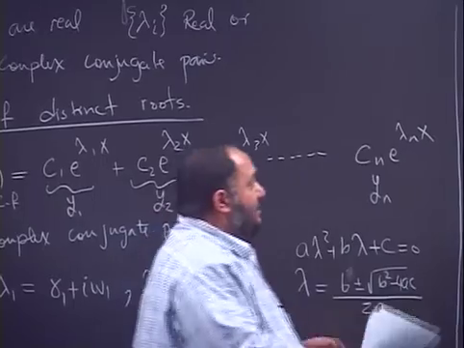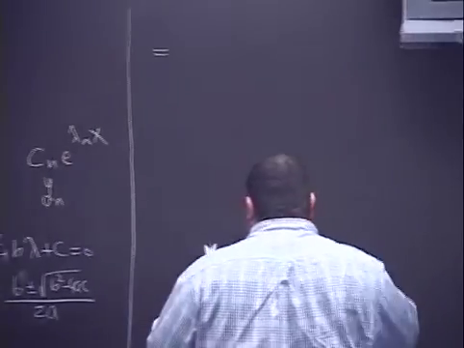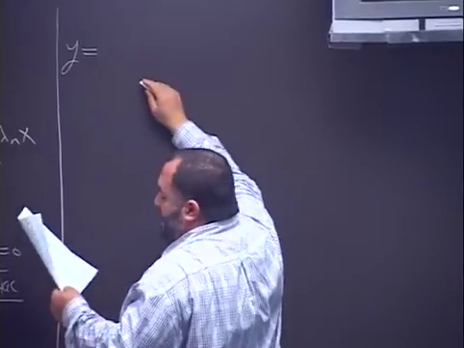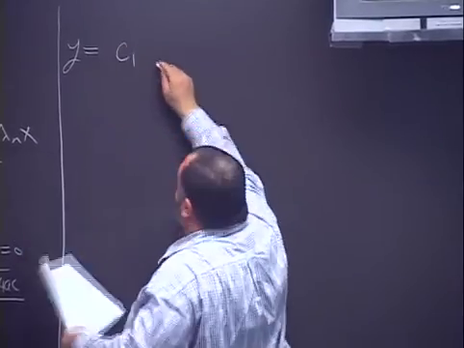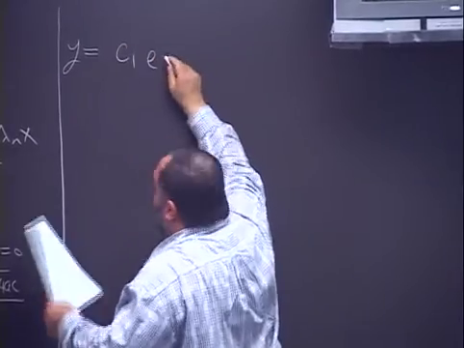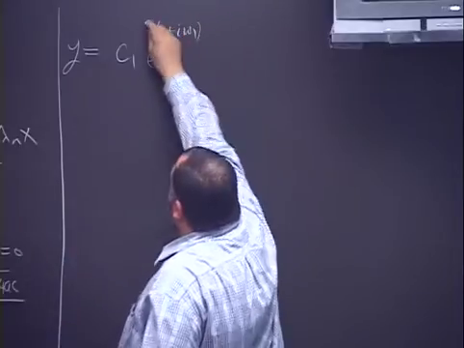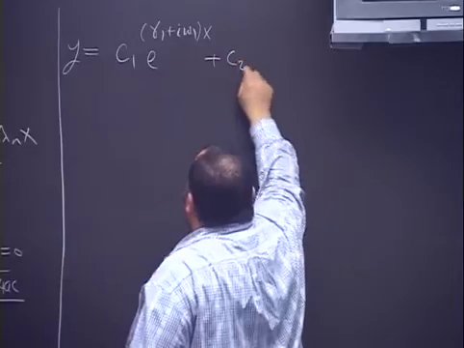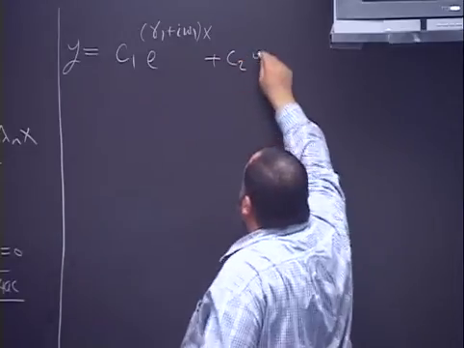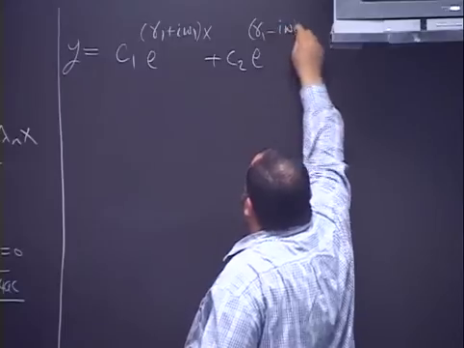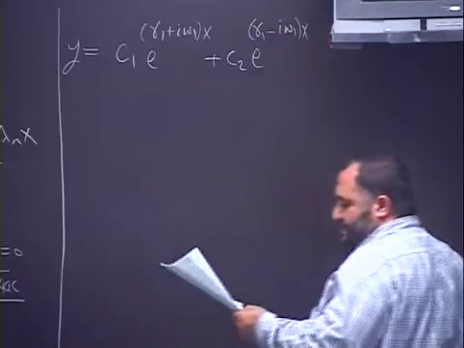If you got something like this, then you express your solution y as some constant c1 e to the power of the first root, gamma 1 plus i omega 1, all multiplied by x, plus c2 e to the power of gamma 1 minus i omega 1, all multiplied by x.